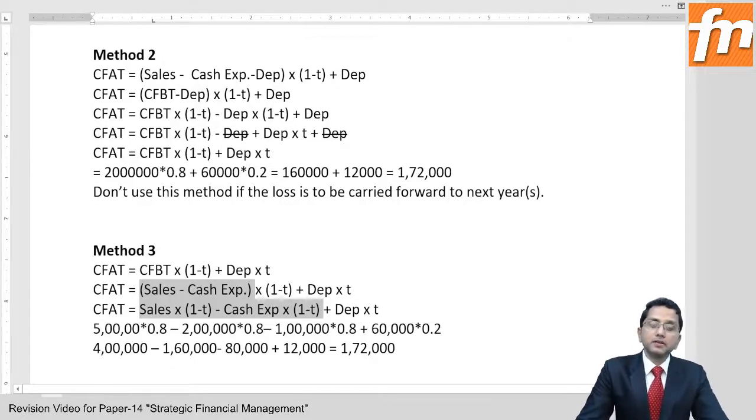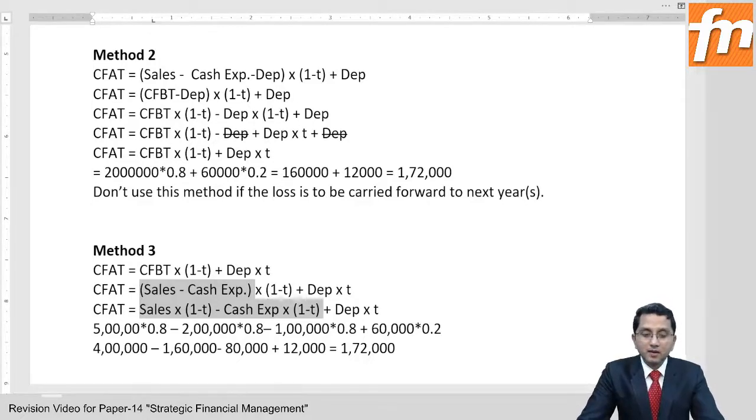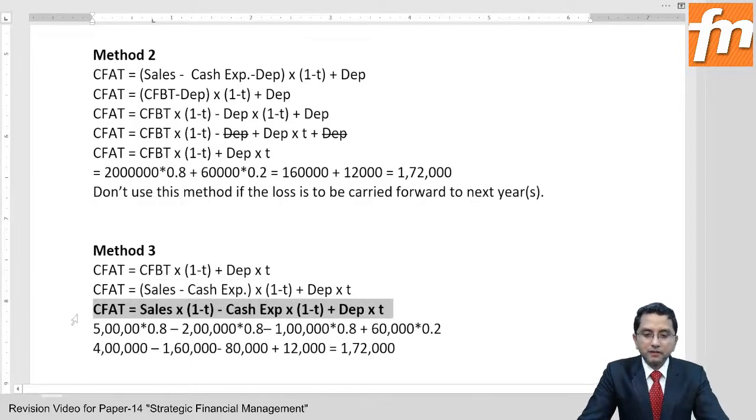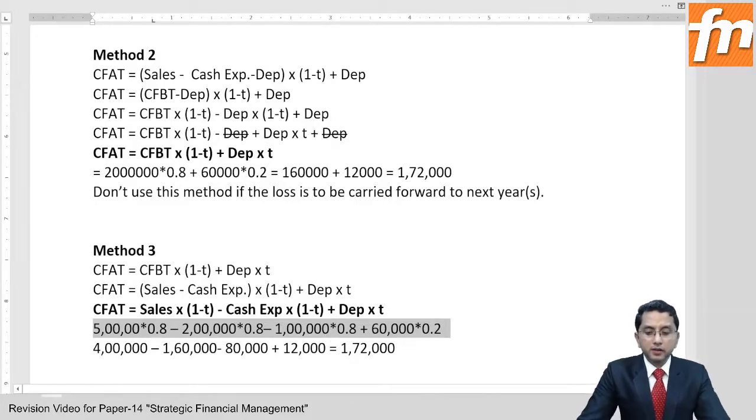So don't deduct cash expense into 1 minus tax rate. You deduct raw material into 1 minus tax rate. Deduct labor into 1 minus tax rate. Deduct overhead into 1 minus tax rate, etc. So that's your final formula here. So you take sales 5 lakh into 0.8, 1 minus tax rate, minus raw material, deduct 2 lakh into 0.8, then deduct 1 lakh labor into 0.8, and separately add tax benefit on depreciation.